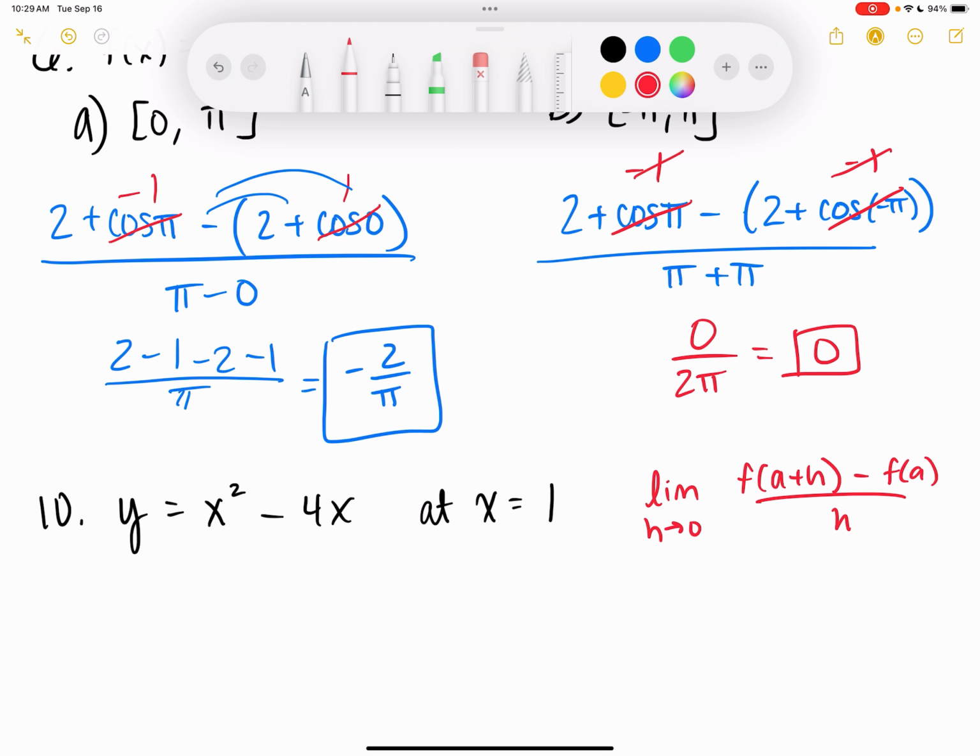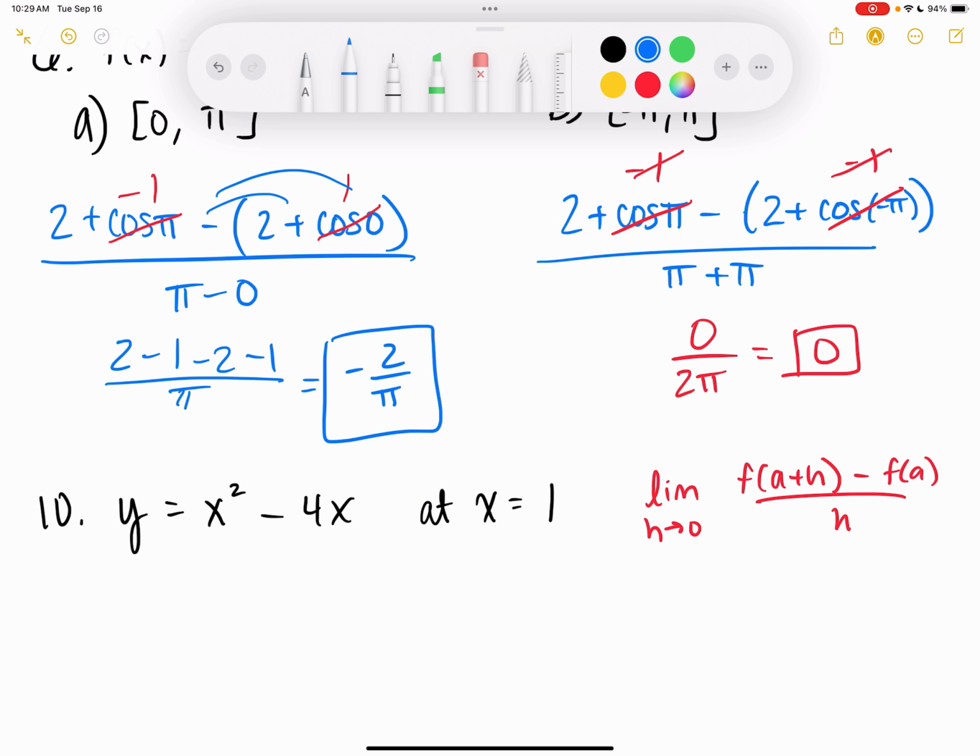So basically, what I'm doing is anywhere that I see an x, I'm putting whatever's in the parentheses here, and I'm replacing a with 1 in this formula setup. So I've got the limit, and this is just to set up.